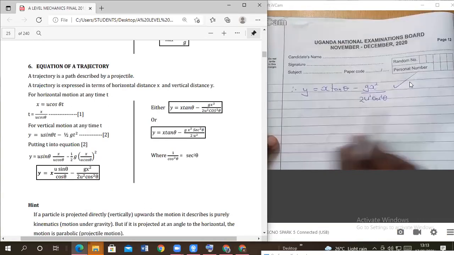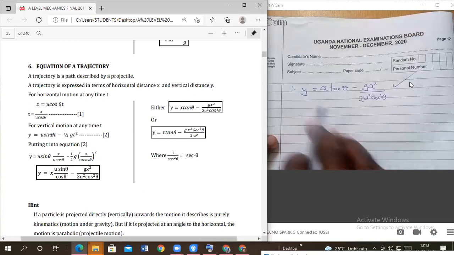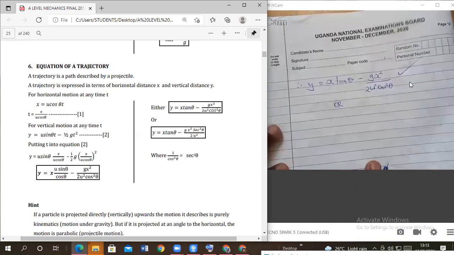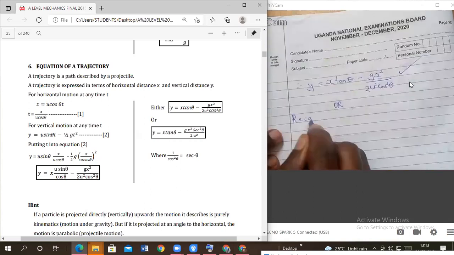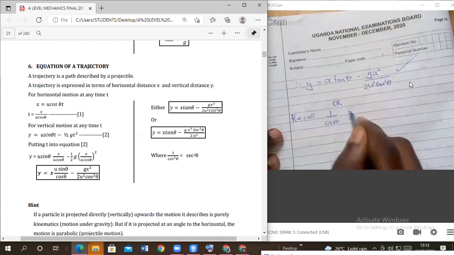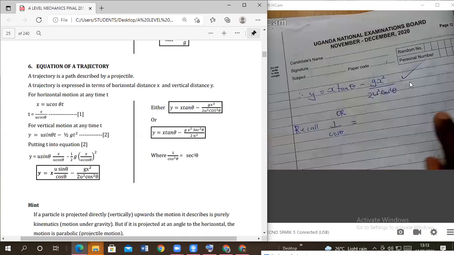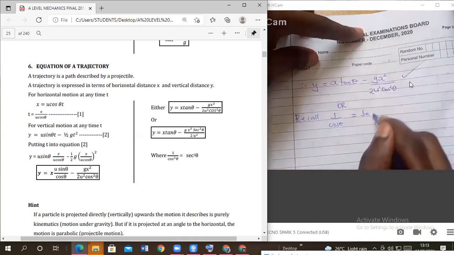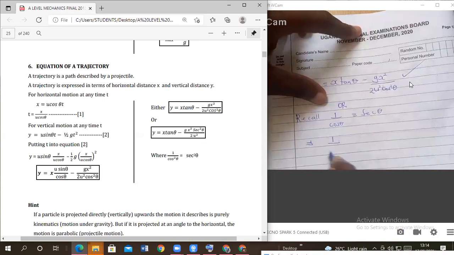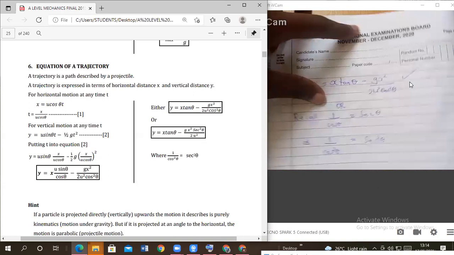This is what we call the equation of trajectory. But also, if you recall, we said 1 over cos is sec theta, which means 1 over cos squared theta equals sec squared theta.